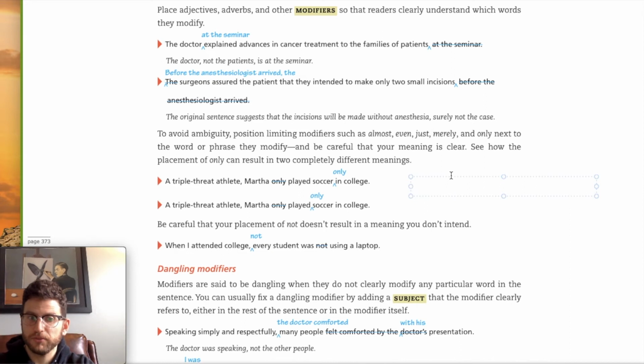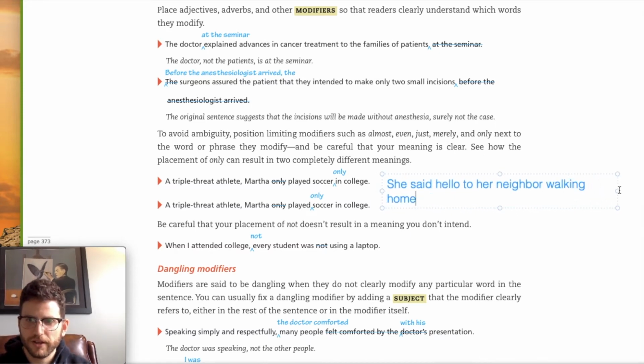We looked at a prepositional phrase in the wrong place, a single word in the wrong place, and now a misplaced participial phrase. Let me move that a little bit. Let me stretch that out so it's a little better.